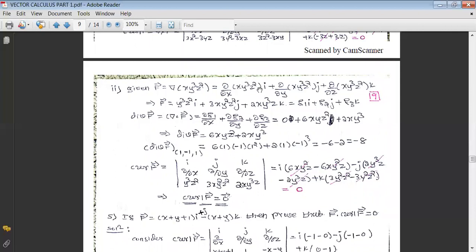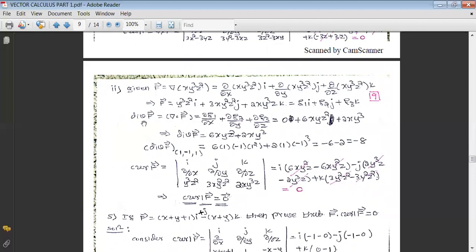If I differentiate this one with respect to x, that becomes y cube z square into i. When we differentiate this one with respect to y, that is 3x y square z square into j, plus if we differentiate this one with respect to z partially, that becomes 2x y cube z into k. And this is of the form f1 i plus f2 j plus f3 k.